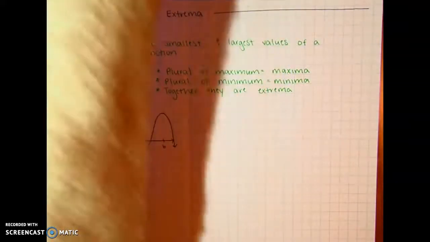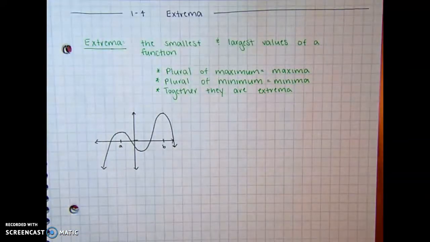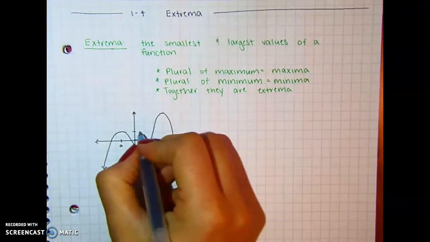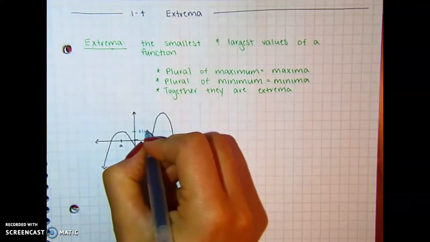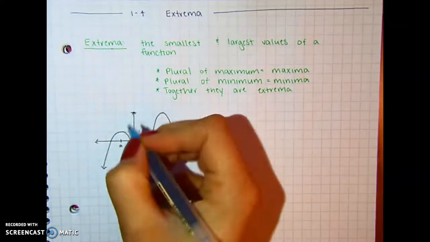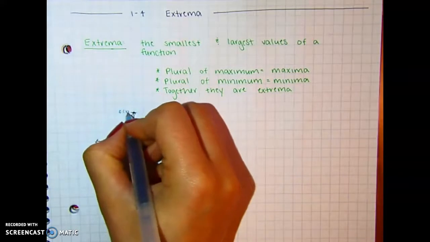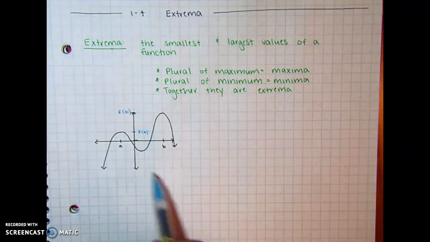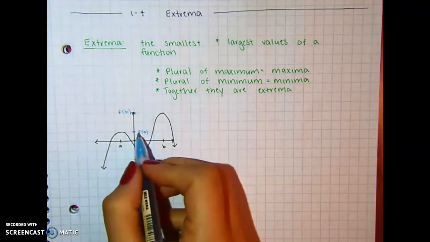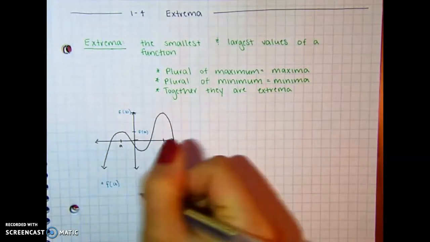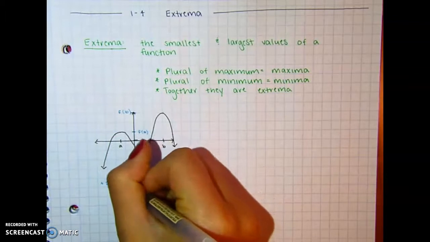And then this y value will be f of A, right, whatever the y value is for this x, and up here will be f of B. So here, f of A is a relative maximum.